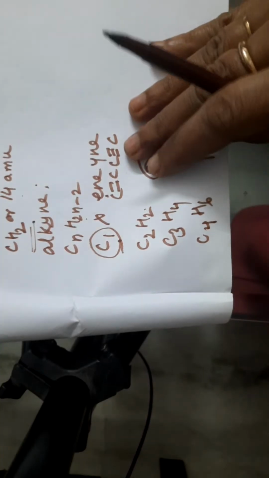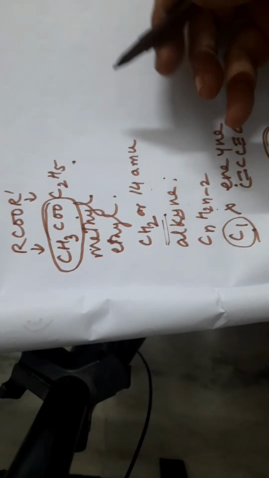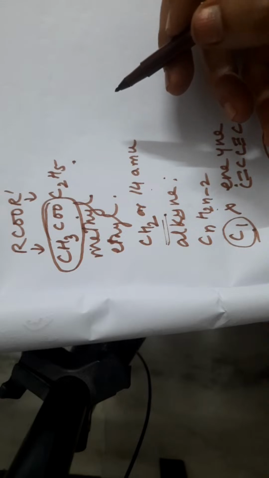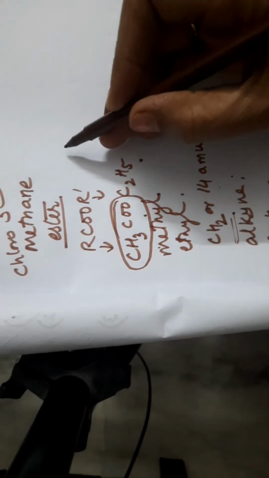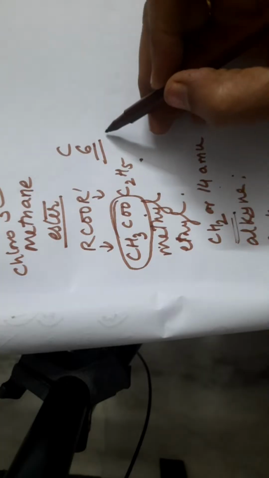And moreover, they can ask one more question like, why does carbon form only covalent compounds? So here, if carbon loses its electrons, as the carbon's atomic number is 6, its configuration is 2 and 4.